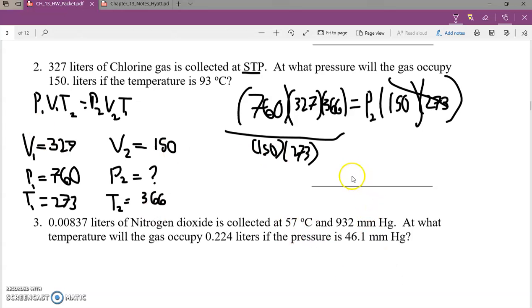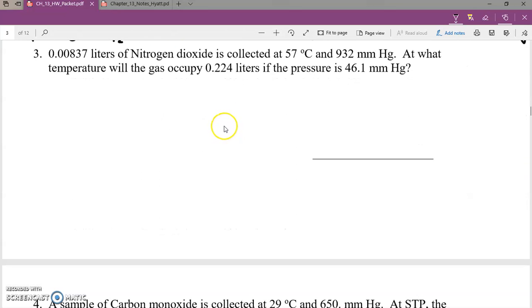Now, pressure P2 is going to be equal to 2,220. That's in millimeters of mercury. So by taking this process and using the values for STP, we can find this answer in millimeters of mercury. Again, I do apologize for the terrible handwriting, but let's continue on.